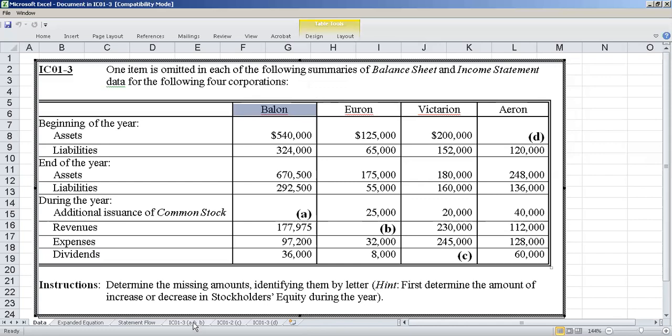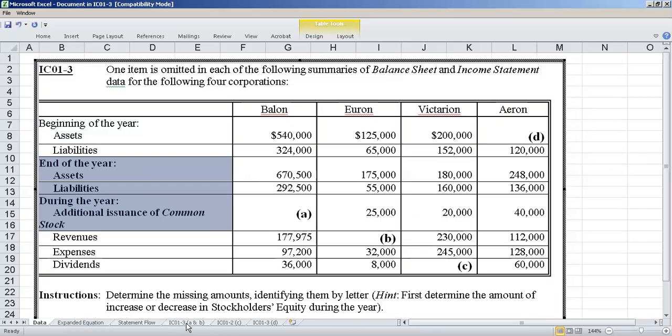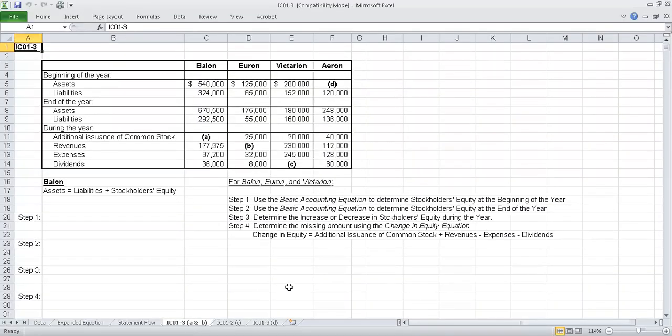All right? So we've got a little hint here. It says determine the change in equity first. And to determine the change in equity, we have to figure out how much equity there is at the beginning of the year and how much equity there is at the end of the year. So we're going to start by using our basic accounting equation to determine equity at the beginning of the year and then at the end of the year.